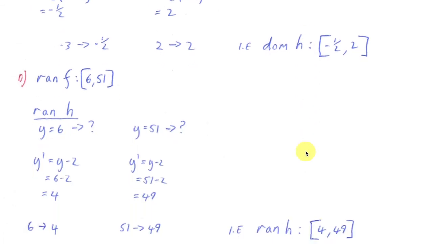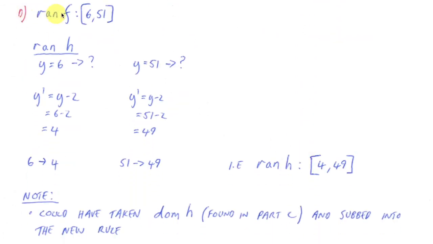The range is the same story. Our range for our original function f of x is between 6 and 51. There's a series of transformations that have taken place to produce a new function h of x, but under those transformations, what does the 6 become and what does the 51 become? Well, we know that the new y value will equal y minus 2.